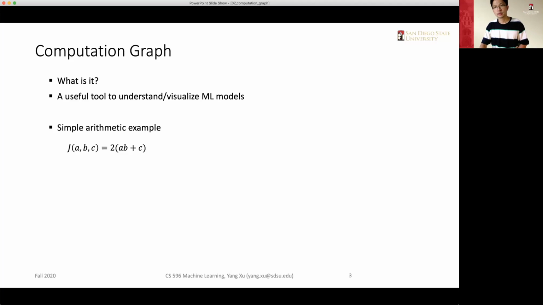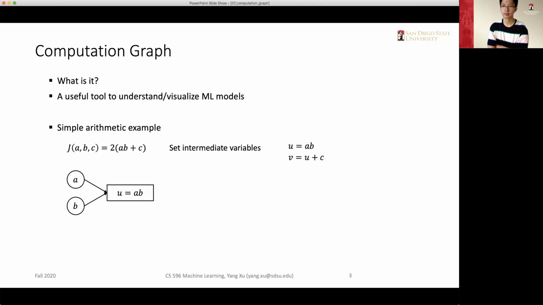With these three separate steps, if we want to visualize it in the computation graph, we need to use some intermediate variables to store the results in the middle. So we use u as an intermediate variable to represent the result of a times b, and another variable v to indicate the summation of u plus c.